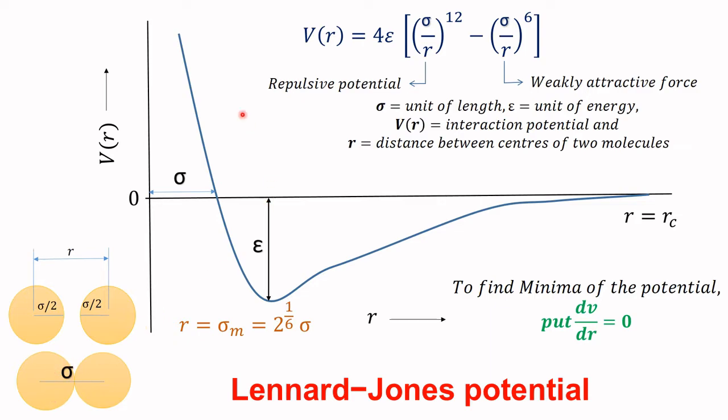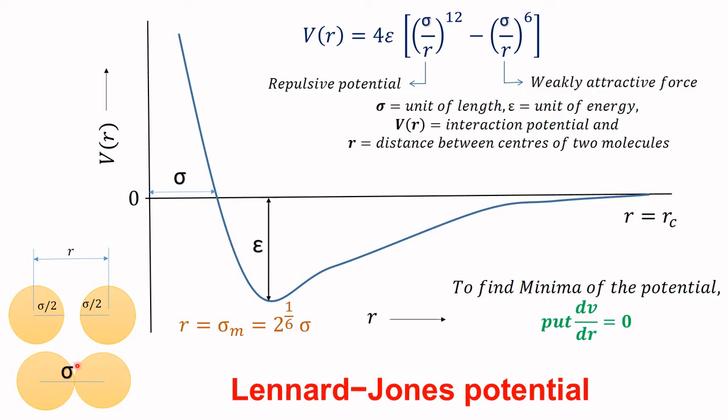Now let us try to understand this curve. On the y-axis we have the interaction potential, and on the x-axis the distance between the centers of two molecules. Here r is equal to sigma. What does this mean? If I bring my molecules more and more closer to each other, they overlap.